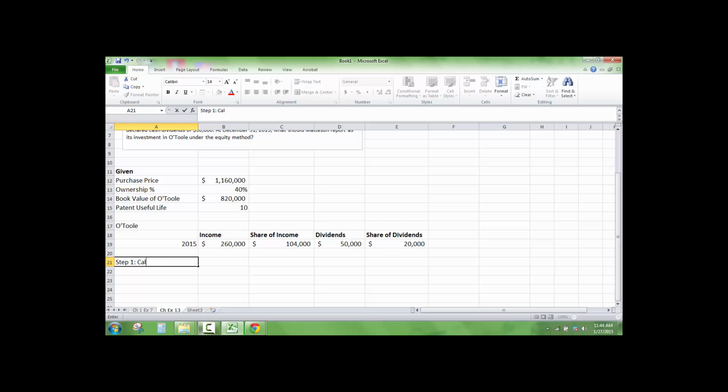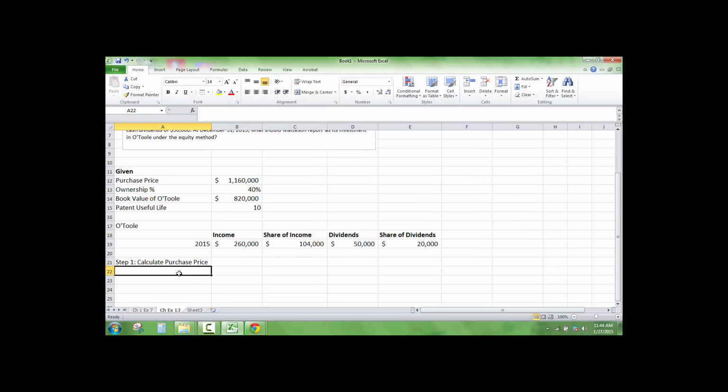Okay, step 1, calculate purchase price. Sometimes we have to calculate it and sometimes it's given. Our purchase price is 1,160,000. Step 2, calculate book value of O'Toole.